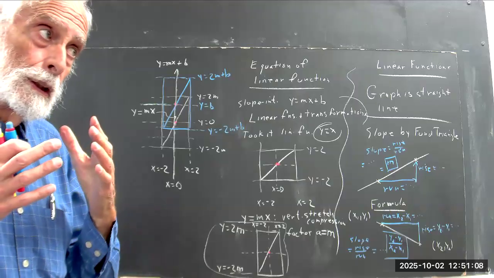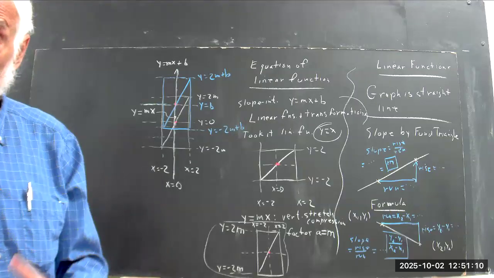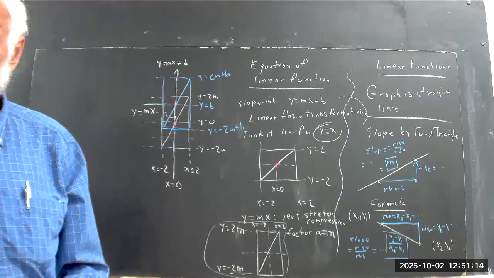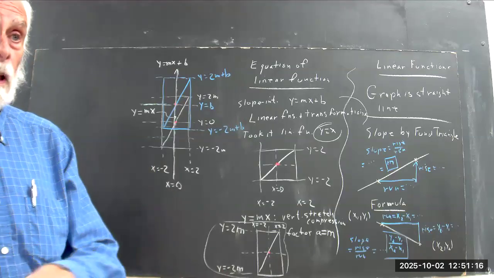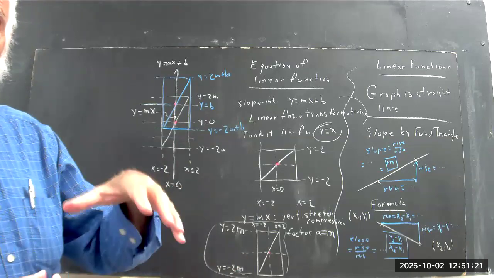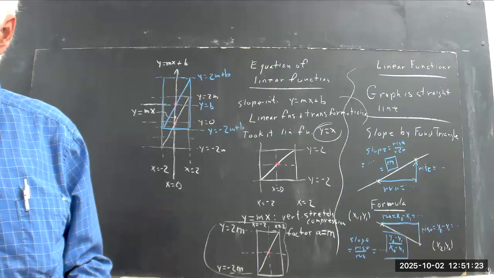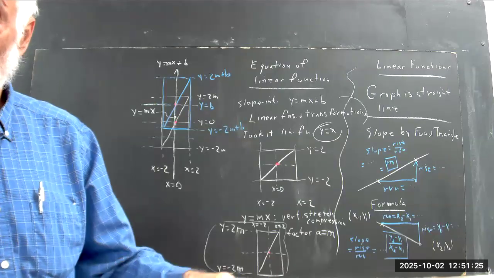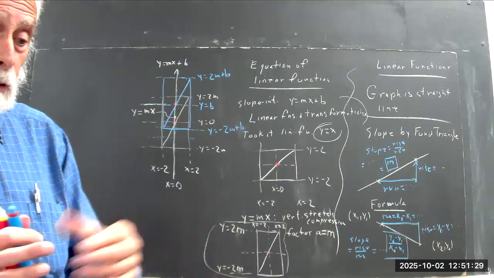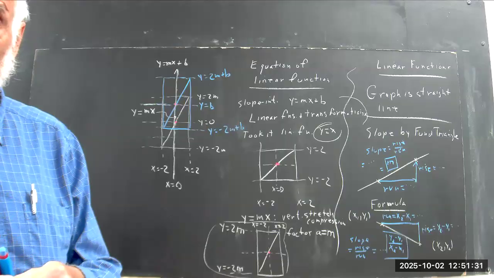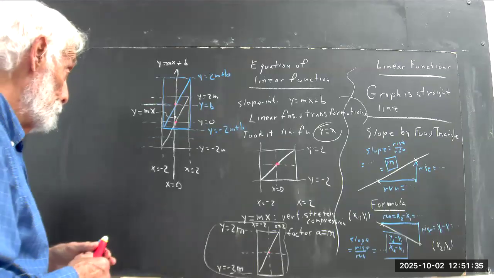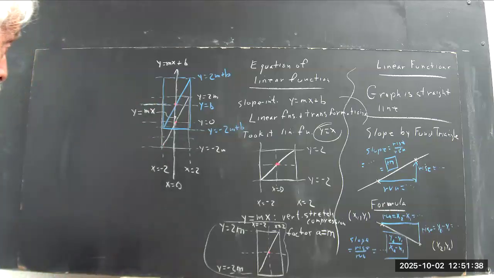You did an assignment where you dealt with some horizontal compressions, but we haven't really used them and won't until we get to exponential functions because they're pretty redundant. You can do everything with vertical stretches and shifts with the functions other than the exponential. The exponential, sometimes you need a horizontal compression, and you'll find out about that in a few weeks when we start with exponential functions. So we're not going to worry about that right now.